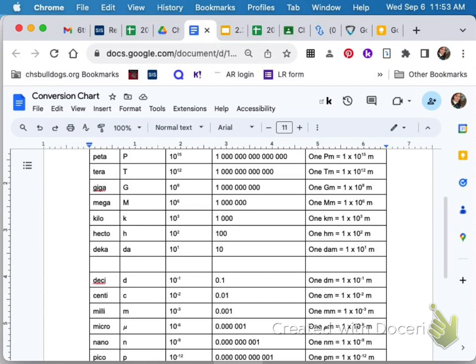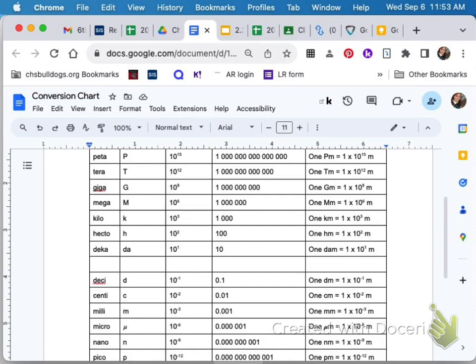And then as you go down, it gets smaller. So it'll take only 1/10 of a gram to make a decigram. Or, like I said, you can flip that in your brain and realize that if we were going up still, like we were before, it takes 10 decigrams to make 1 gram. It takes 100 centigrams to make a gram. It takes 1,000 milligrams to make a gram.